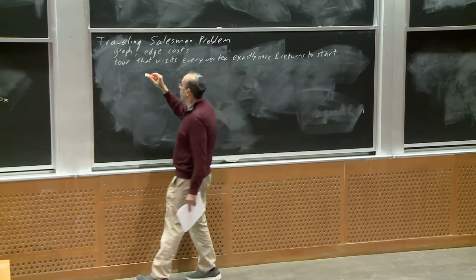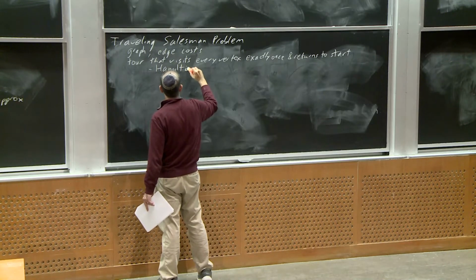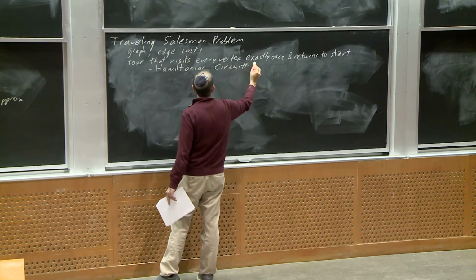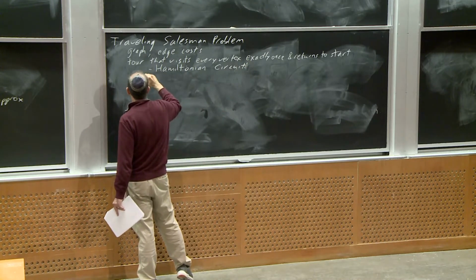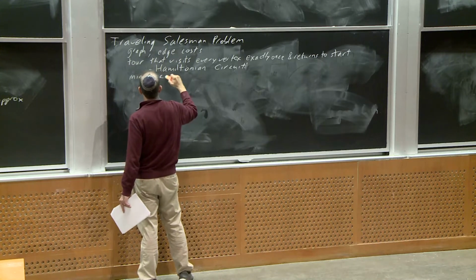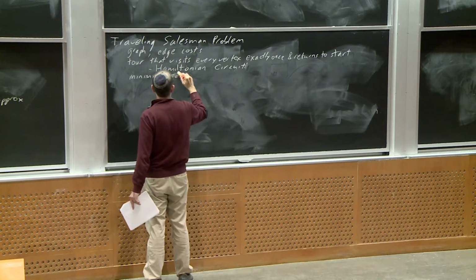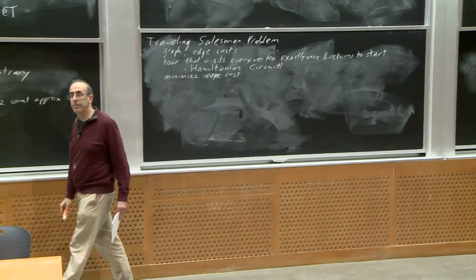The formal term for this is a Hamiltonian path, Hamiltonian cycle. And what you want to do is minimize the edge cost of this tour. Okay?